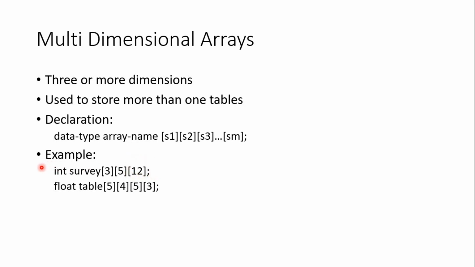This is a 3-dimensional array. In this example, we can take a survey; this kind of array can store the rainfall details of 12 months, 5 cities and 3 years. This is how multidimensional arrays are used. Another 4-dimensional array example is float, array name is table, then a list of 4 dimension sizes.